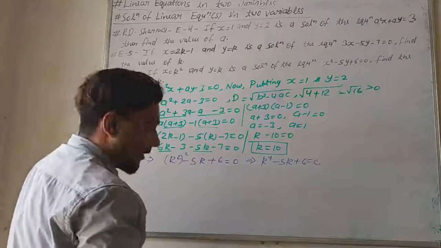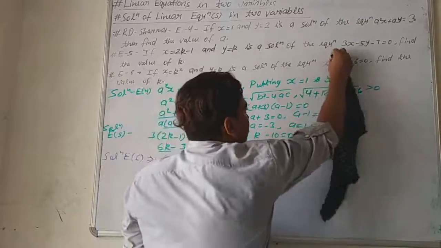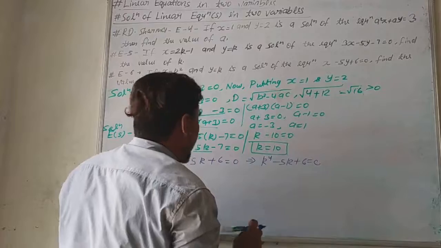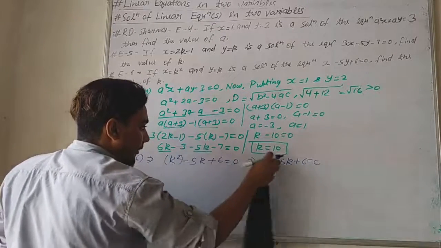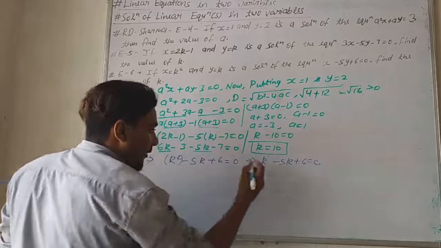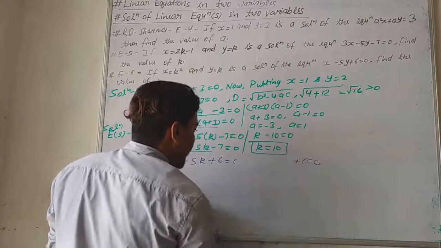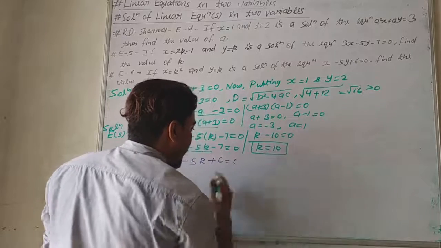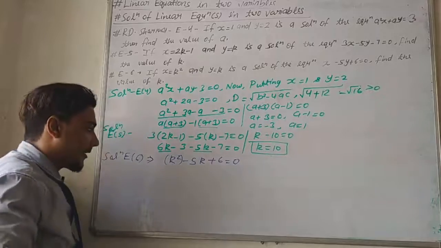Sorry, there is a mistake again in writing the question. It is not x square, it is only x. How can we get the biquadratic in class 9? It is k square, and we don't need to write it again. We have to simply find the solution by algebraic factorization.